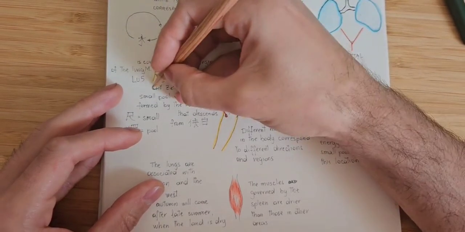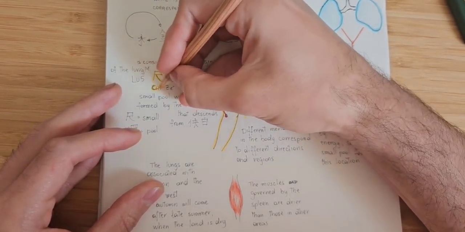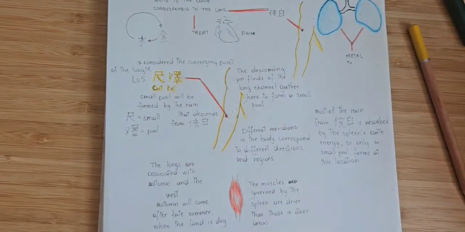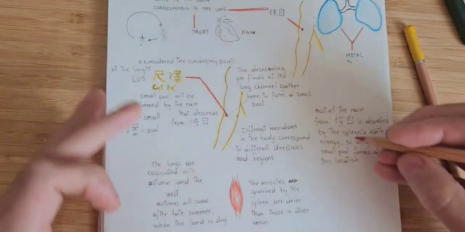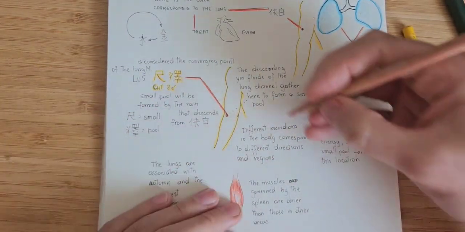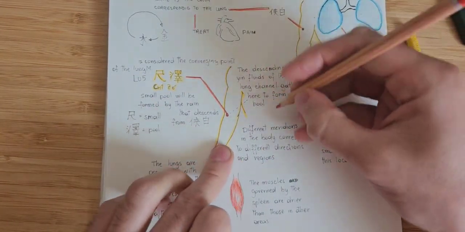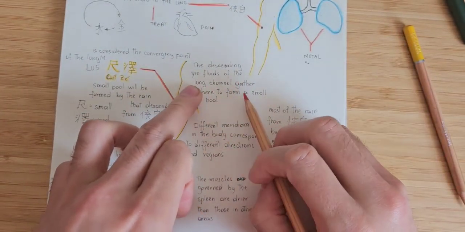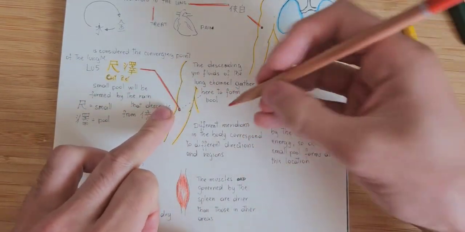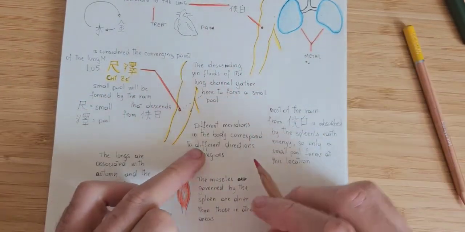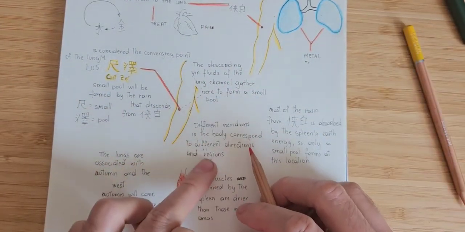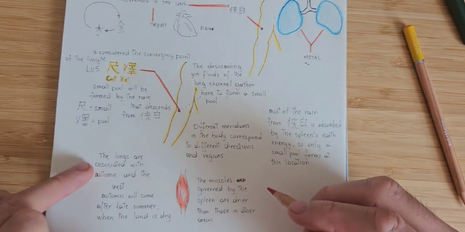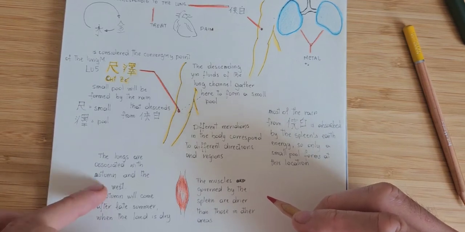Okay, so what I'm going to do is connect the dots. The descending fluids of the lung channel gather here to form a small pool. Different regions in the body correspond to different regions and directions. The lungs are associated with autumn, and the west.